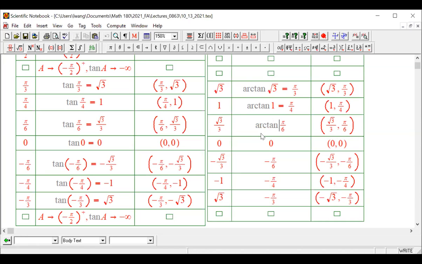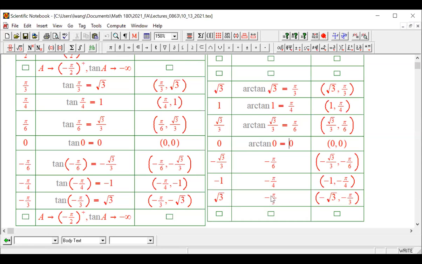Arctan of root 3 over 3 equals pi over 6. This 0 is ratio. This 0 means angle. Do you guys follow me? They're both zeros, but 0 and 0 may have different meanings, depending on where they are.